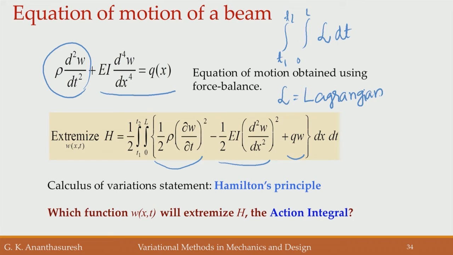This is another kind of Lagrangian optimization, we will come to that later. For now, this Lagrangian is kinetic energy minus potential energy. So, this Ke is kinetic energy.